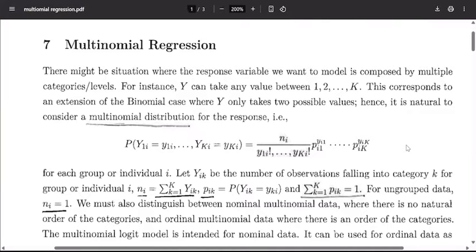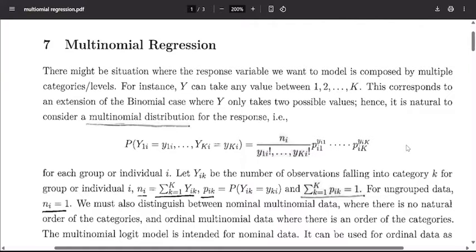For example, somebody winning a gold medal, silver medal, or bronze medal in the Olympics. Everybody knows the worth of gold is bigger than the worth of silver. In that kind of situation, you're going to use ordinal or proportional odds logistic regression. But the situation where there's no ordering is going to be multinomial.